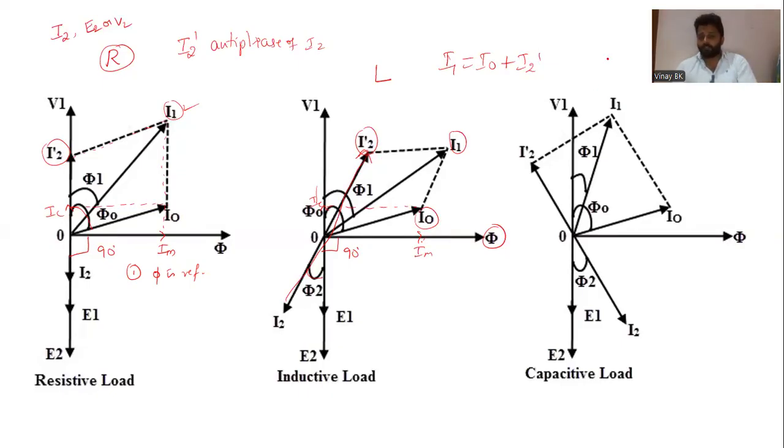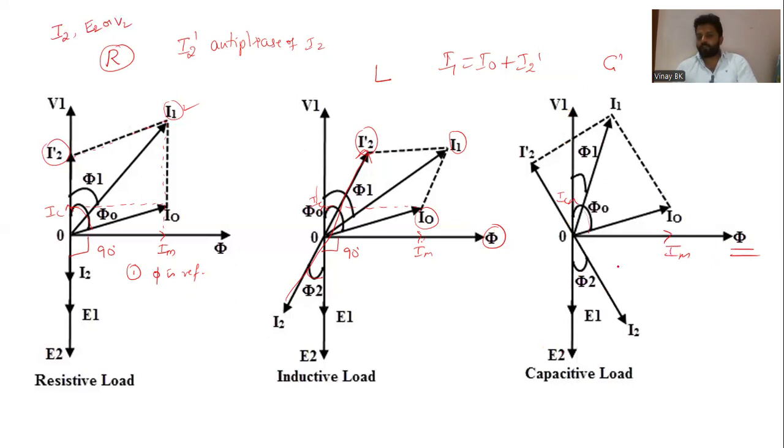Similarly, see for capacitive load, phi is a reference. Im is in phase with phi. Ic and Im are quadrature in nature. V1 leads phi at an angle of 90 degrees. Ic is in phase with V1, and the angle between V1 and I0 is phi naught.